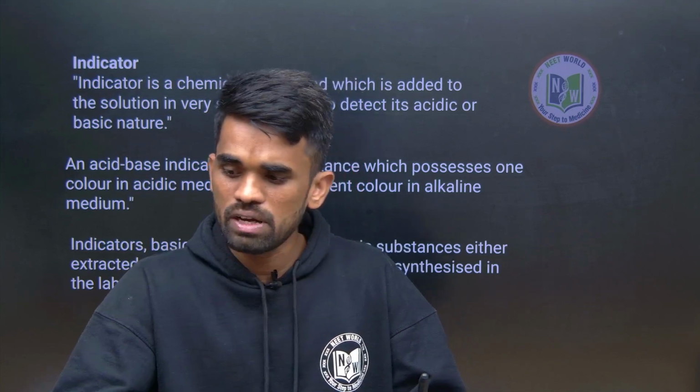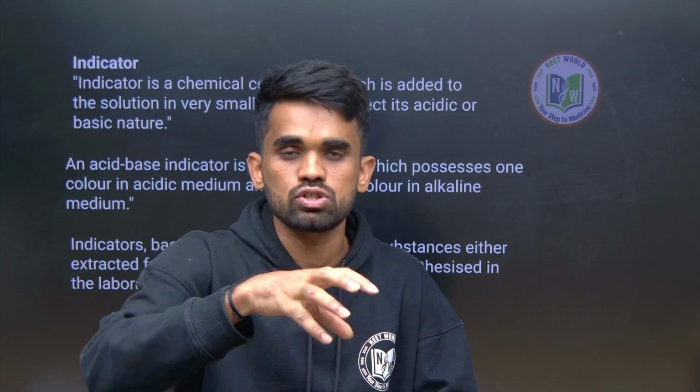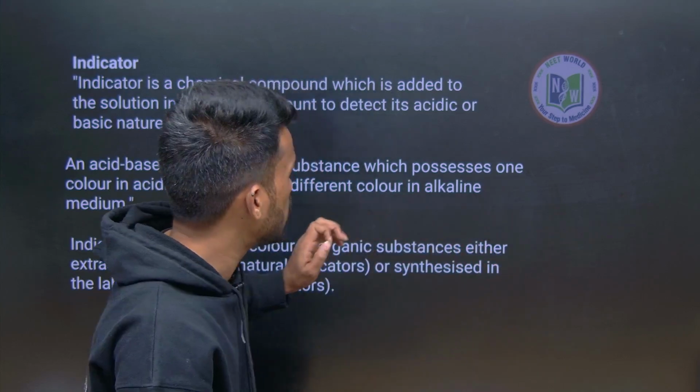Whenever we add an indicator to that particular solution, there might be some color change. Depending upon the color change or the characteristic smell, we can identify whether it is an acid or a base. Let us study about that very clearly.